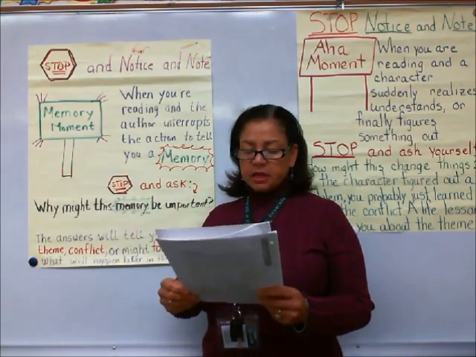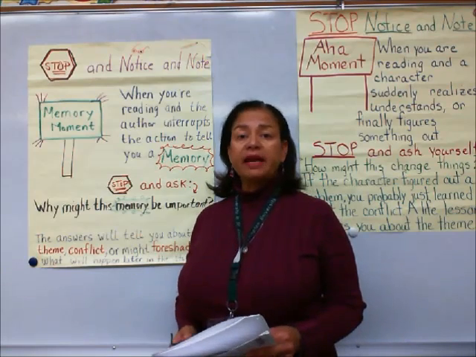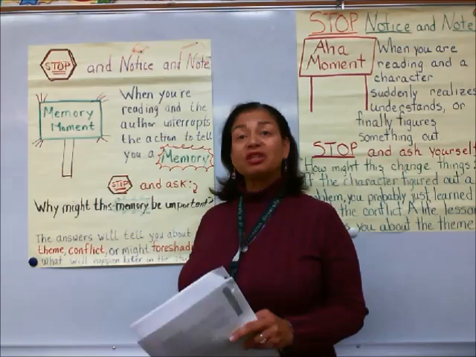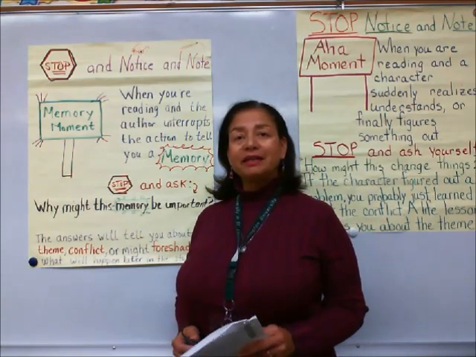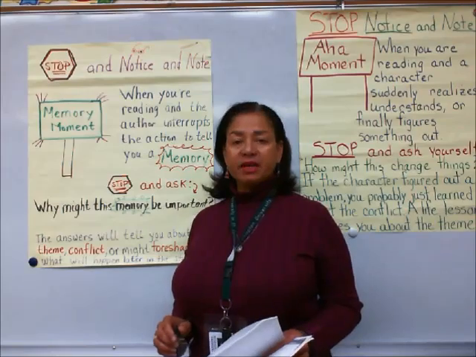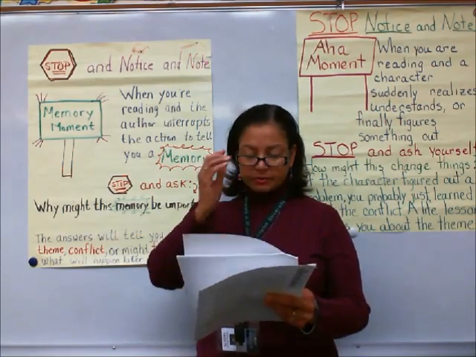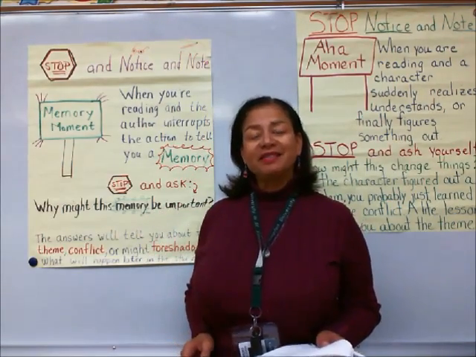When you enter a book in the current action, you don't have much information about the character's background. This is a way the author can give us more information about the character to help us improve our comprehension.